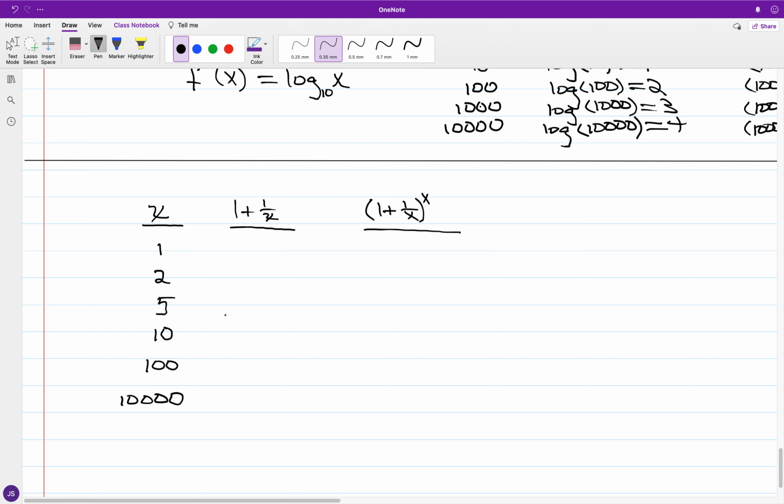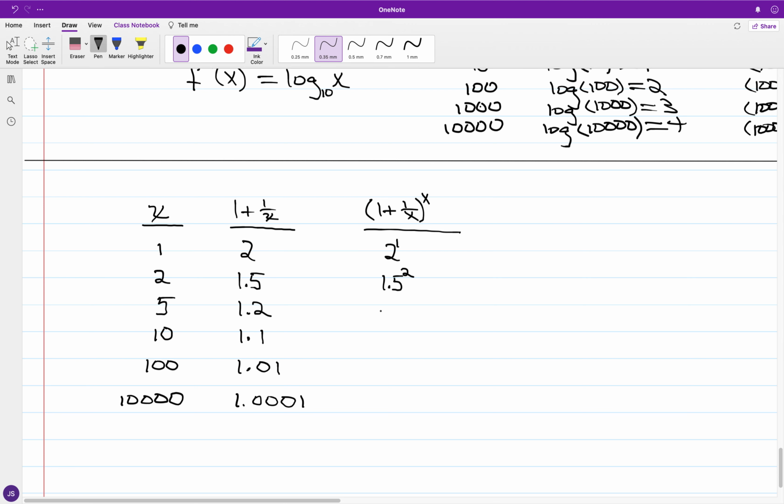So if x is 1, we have 1 plus 1 over 1, which is 1 plus 1, which will be 2. 1 plus 1 half will be 1.5. 1 plus 1 fifth is going to be 1.2. Then you have 1 plus 1 tenth, so you have 1.1. Then you have 1 plus 1 over 100, which we'll have as 1.01. And for 1 plus 1 over 10,000, you have 1.0001.